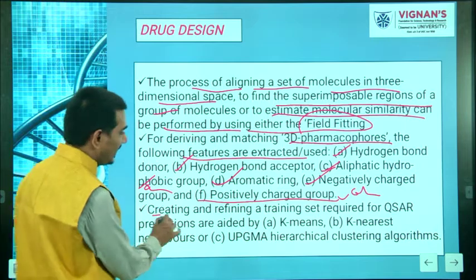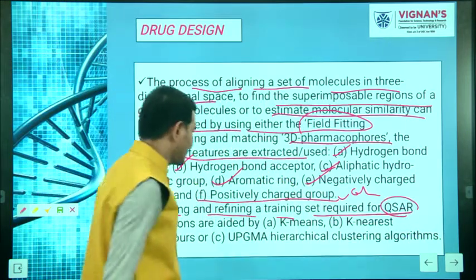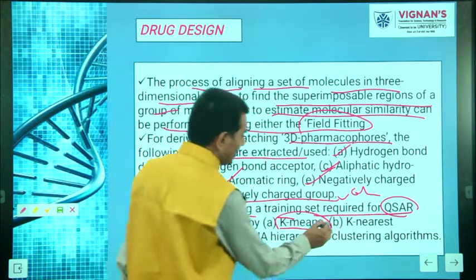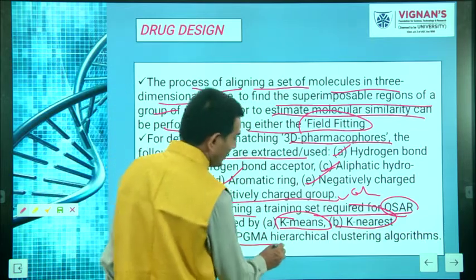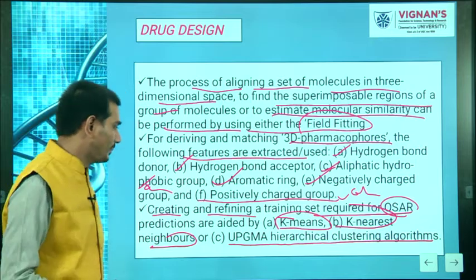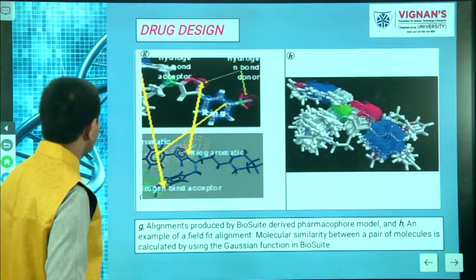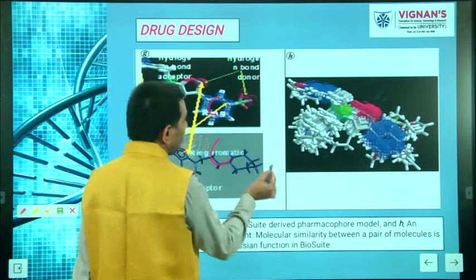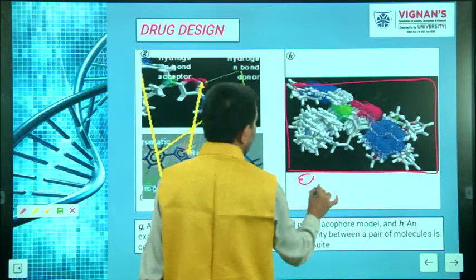And finally, creating and refining a training set required for quantitative structure activity relationship predictions is aided by k-means clustering, k nearest neighbors, and UPGMA hierarchical clustering algorithms, where UPGMA stands for unweighted pair group method using arithmetic mean. And here we can clearly see the interaction between the receptor protein and ligand, and finally this is the best fit where the energy is minimum.